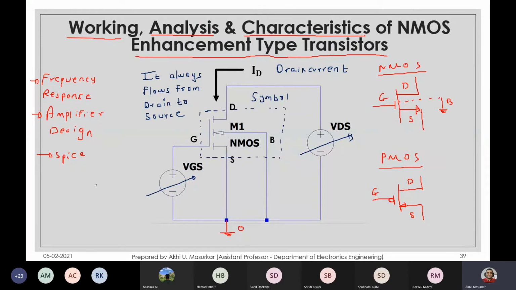When you are doing the input characteristics, ID is a function of VGS, so VDS remains constant. That is why ID versus VGS, and output characteristics will be ID versus VDS. So this is the diagram for that. No need to write all this, but just take down the circuit diagram.